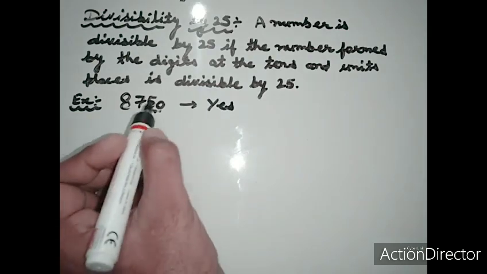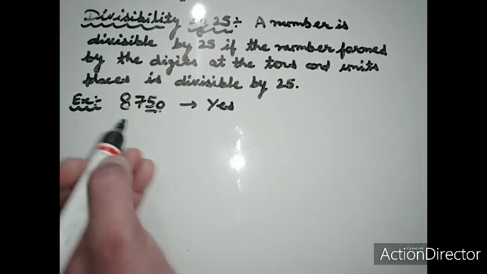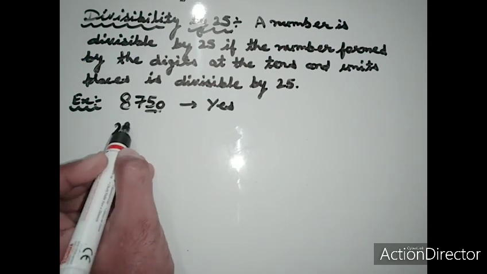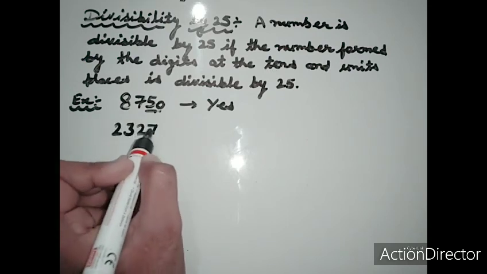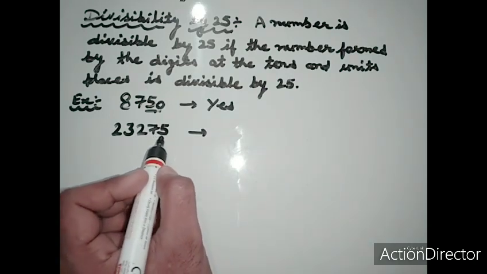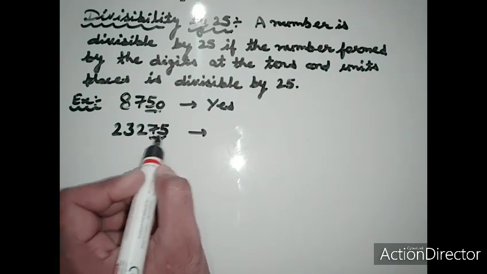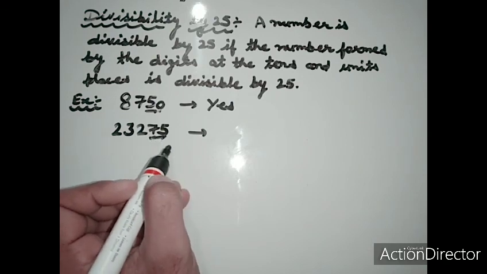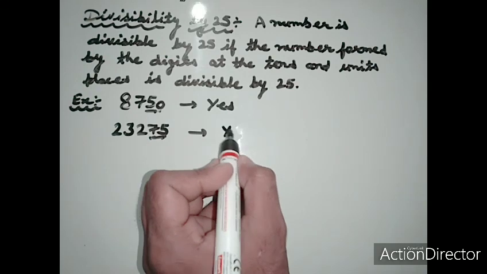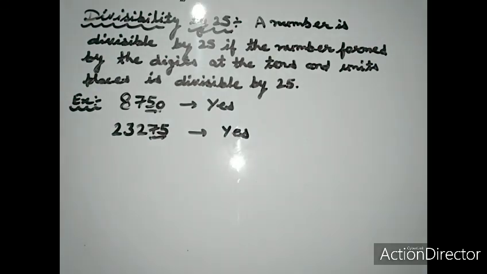So the number 8,750 is divisible by 25. Now here we take another number, 23,275. So here the digit in unit place is 5 and tens place is 7, and the number formed by these two digits is 75, and 75 is divisible by 25. So the number is divisible by 25.